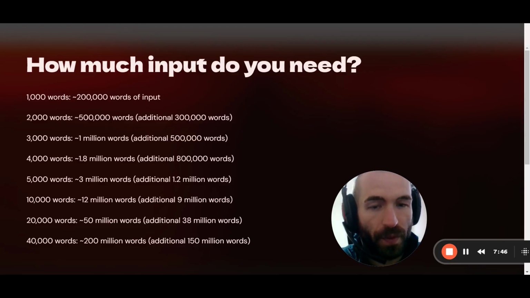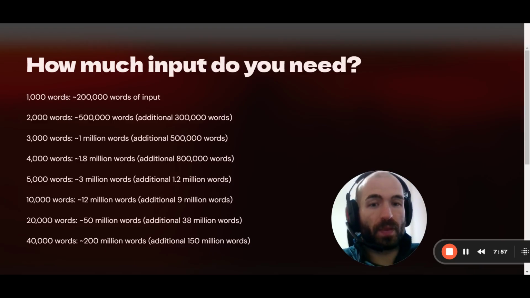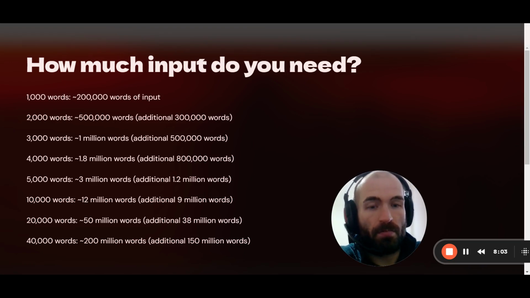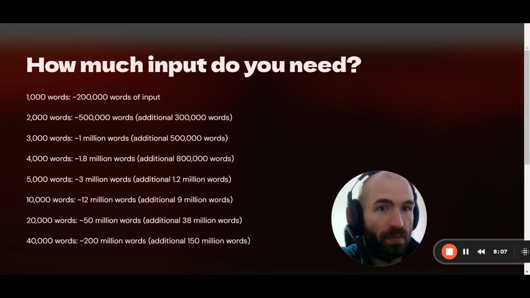So this is why I came up with the sentence lists that have basically all the vocabulary that you need concentrated there in a few thousand sentences, so less than 100,000 words in total.